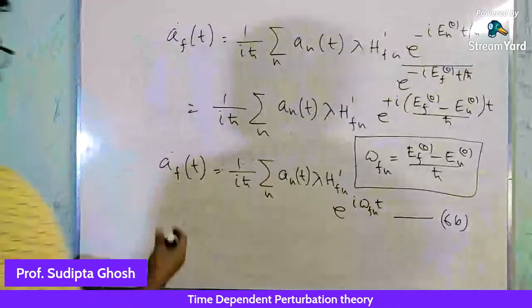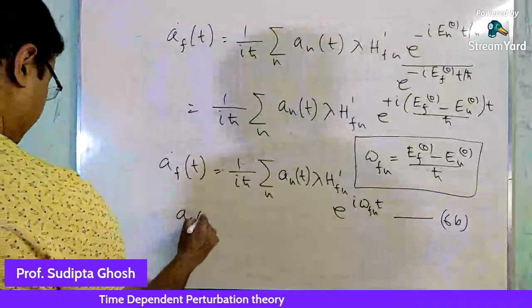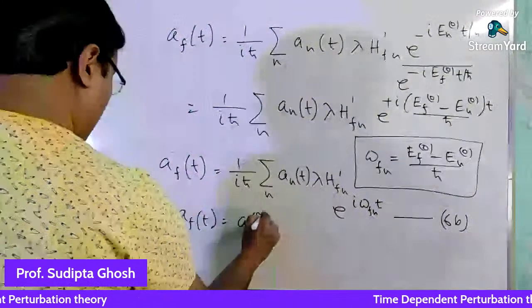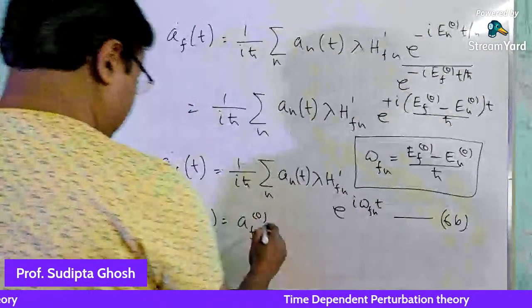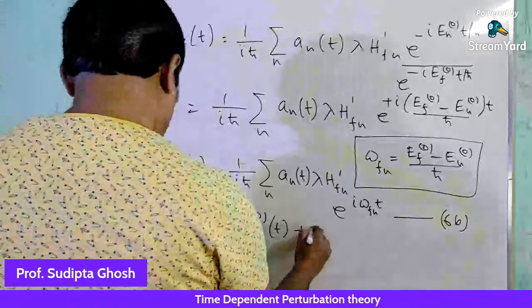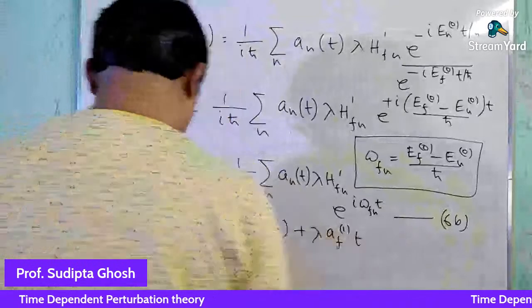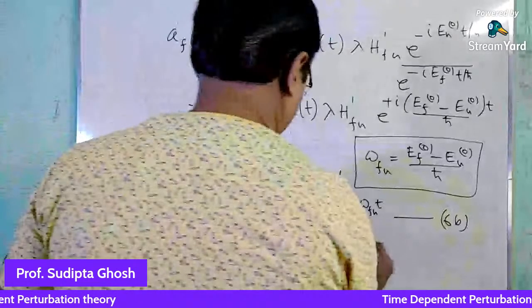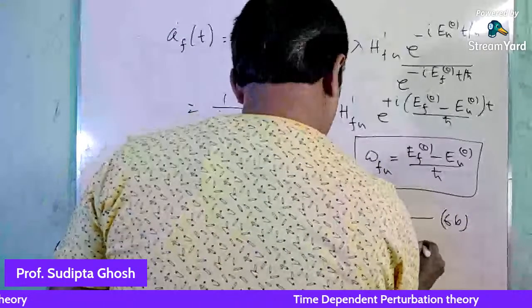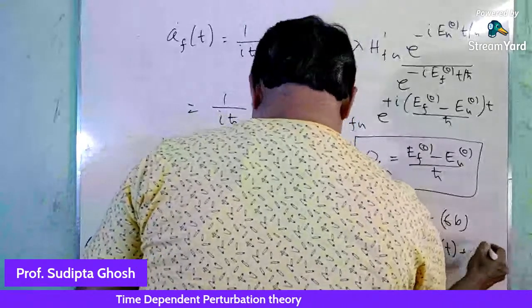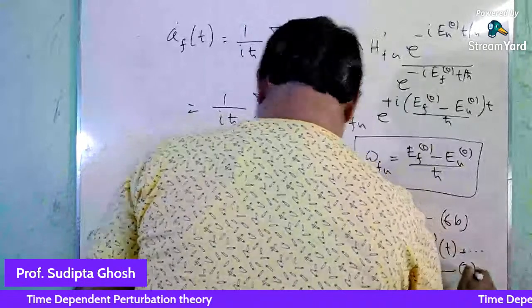So we are writing a f t equals to af0 as a function of t plus lambda af1 t plus lambda square af2 t, and so on. This is equation 7.